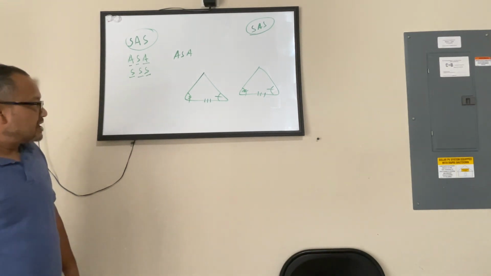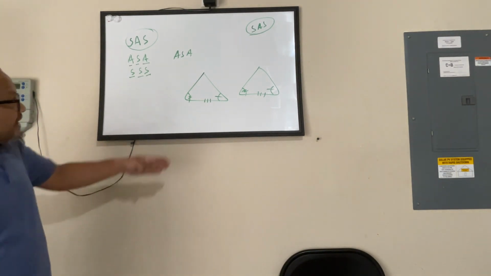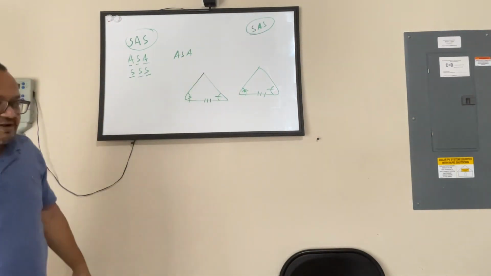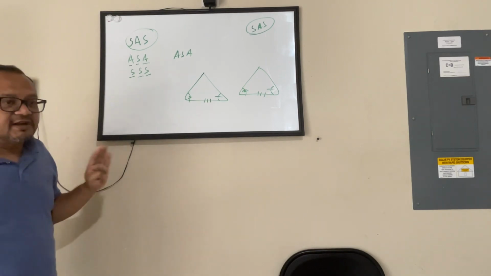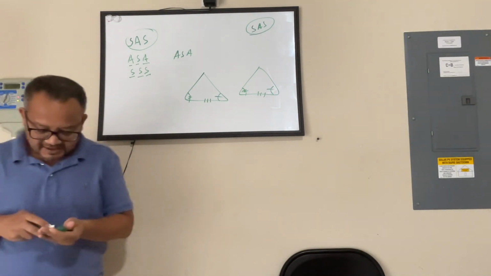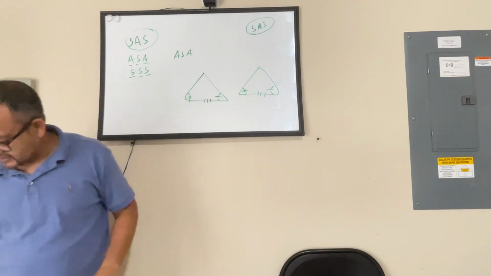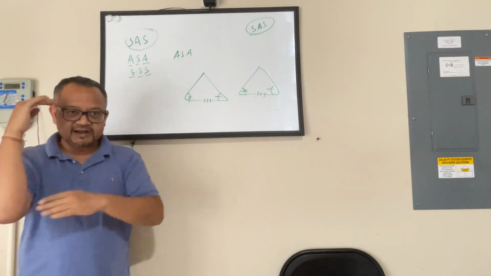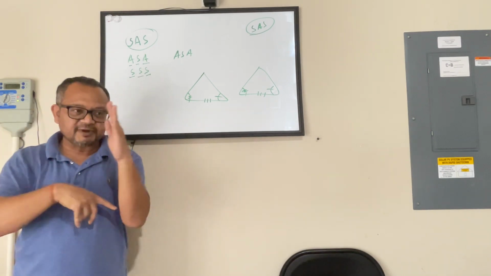Now, we will always try to find out SAS. Let's look at one practical situation before we try proving this. These are my two arms, and look at the distance between my elbows.